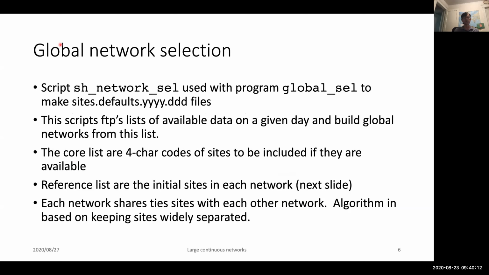The other process you sometimes will be interested in is global network selection. Depending on the type of analysis you're doing, this is where you have a large number of stations from around the world, and you want to build networks such that each one of the individual networks covers the globe as uniformly as possible.